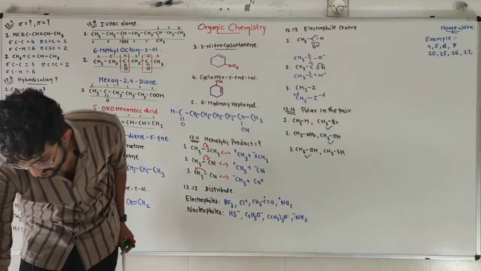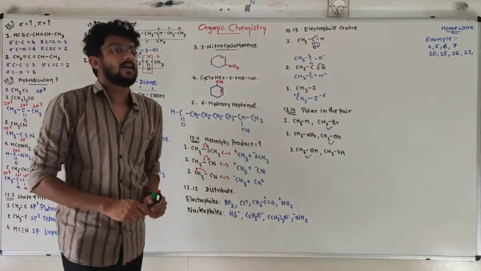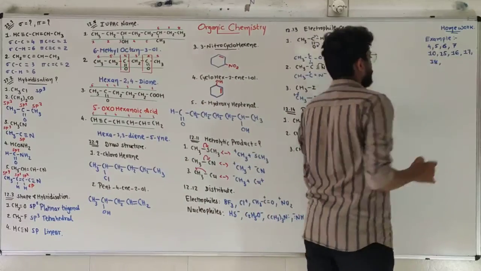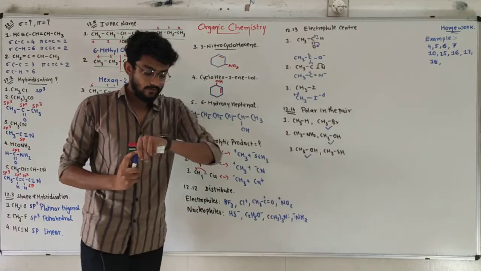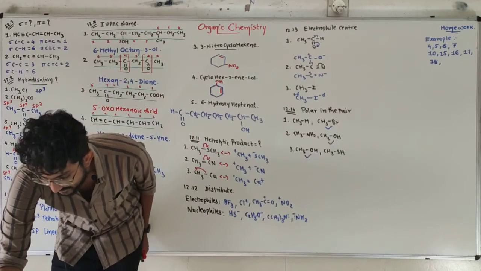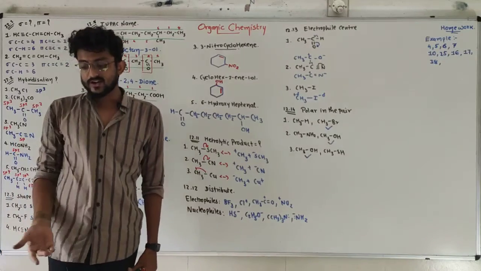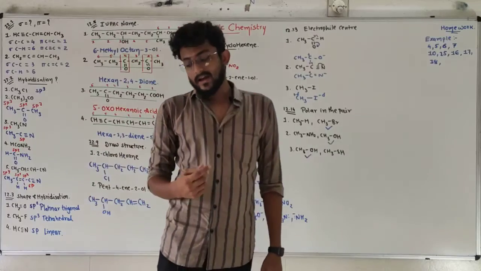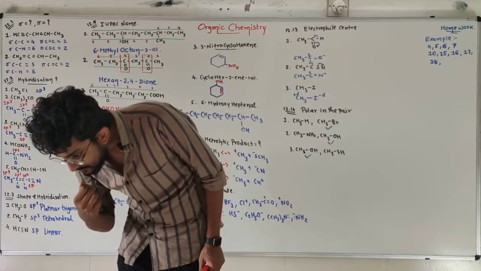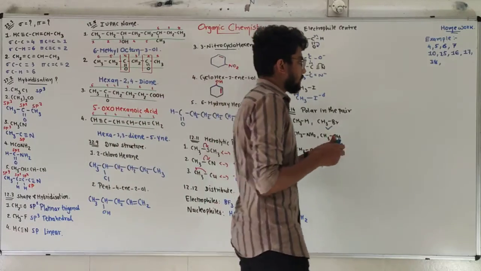After that, example number 18, again a resonance structure, and why it is not resonance, again the rules regarding it. So 18 will also be in the homework. After that, example number 19: why is a tertiary carbocation more stable than secondary and the least stable CH3, inductive effect and hyperconjugation.